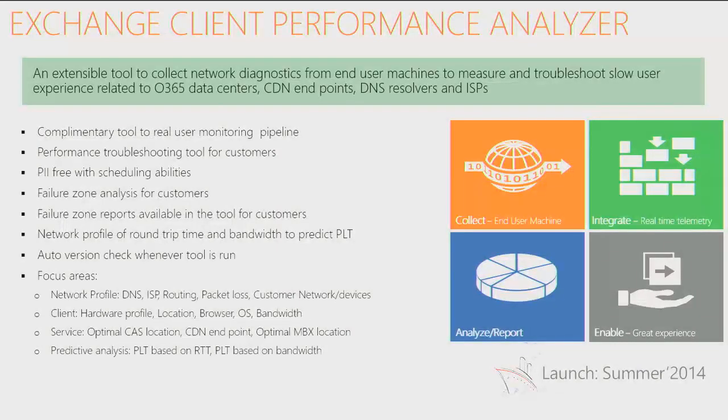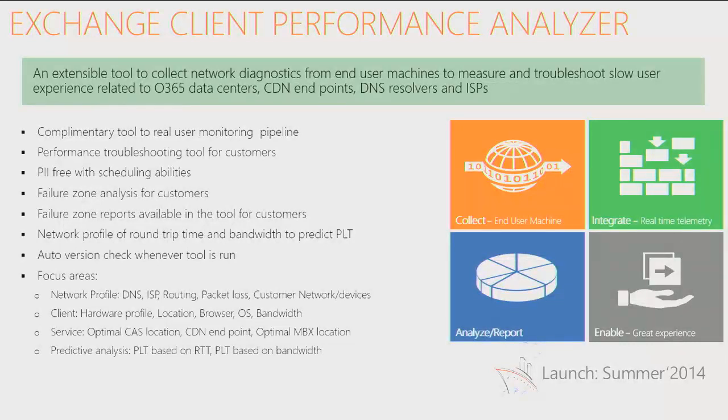We have billions of data points on our side, so if latency is 500 millisecond, bandwidth is X Mbps, and distance from our data center is Y, we know exactly what kind of user experience you will be getting. So the basic intent of this tool is that we don't need to simulate the actual OWA or Outlook experience, but we collect a simple network profile from your machine and are able to articulate where the failure zone is.